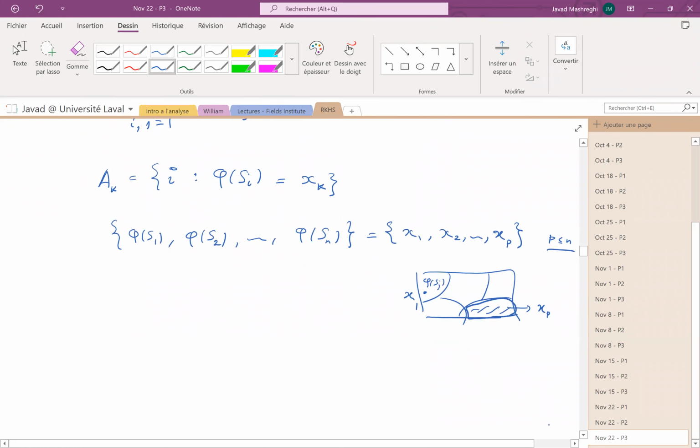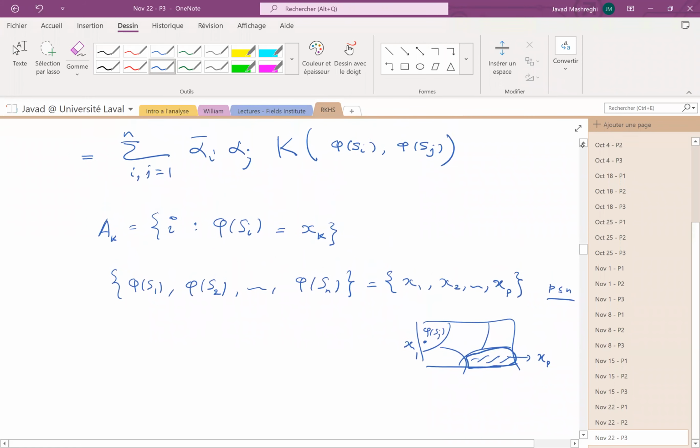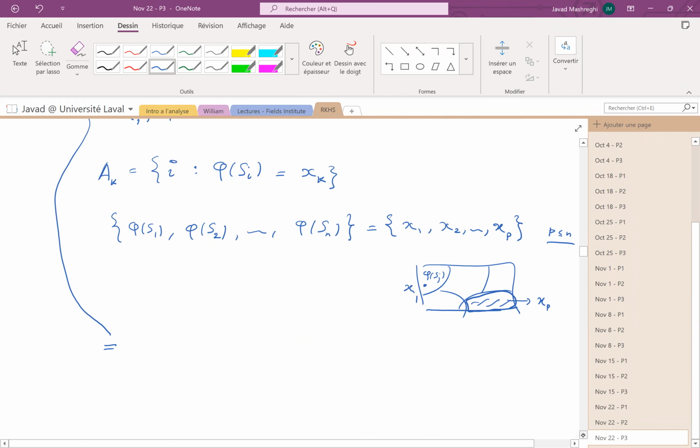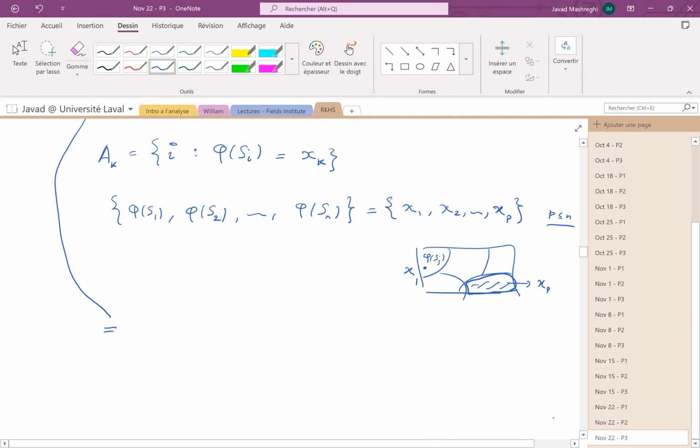And what is the advantage of this? Here, I can write it this way. Instead of sum over i and sum over j from 1 to n, I sum over two other indices, sum over k and l from 1 up to p.